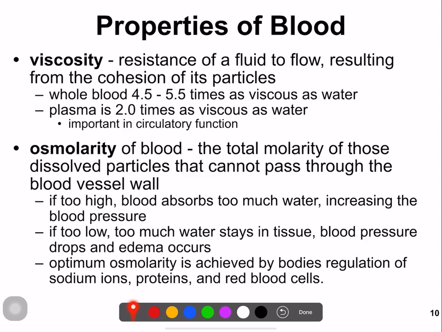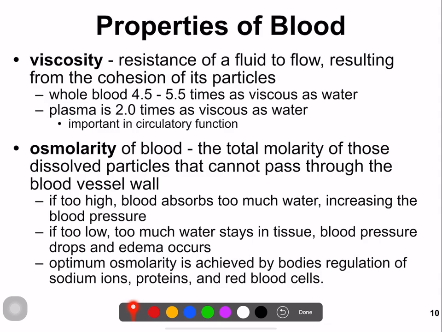And if it's too high, the blood absorbs too much fluid, resulting in an increase in blood pressure. If it's too low, too much water, and this is really happening in a capillary, in terms of capillary exchange.